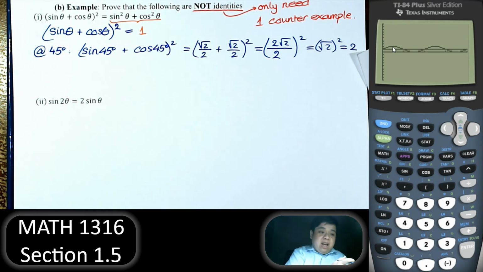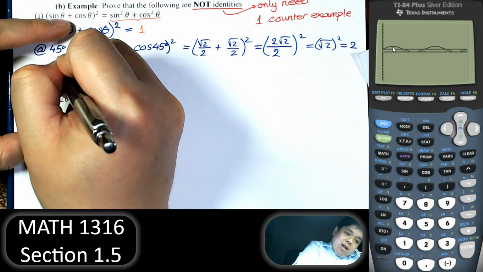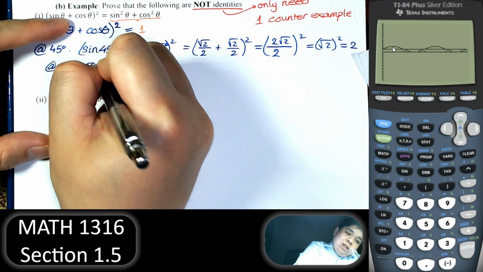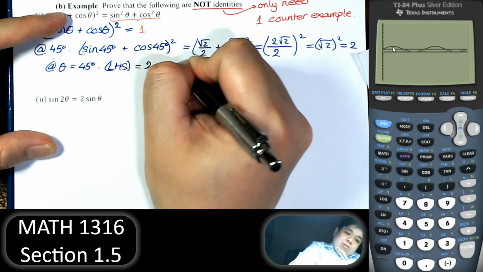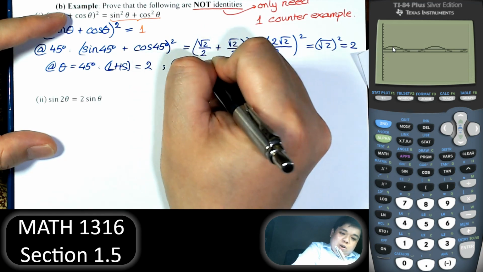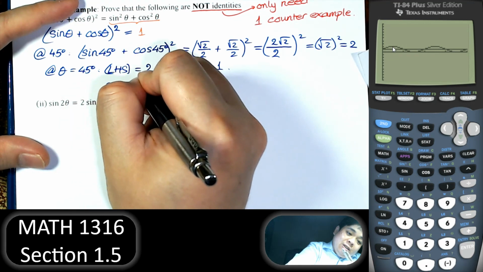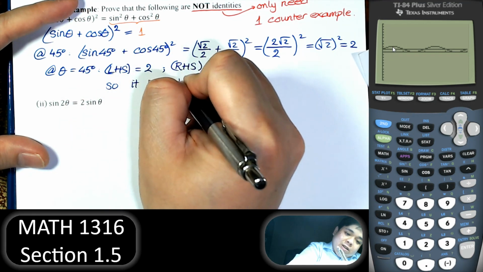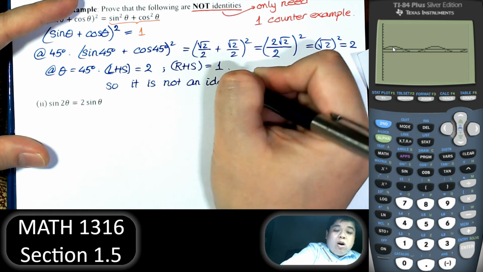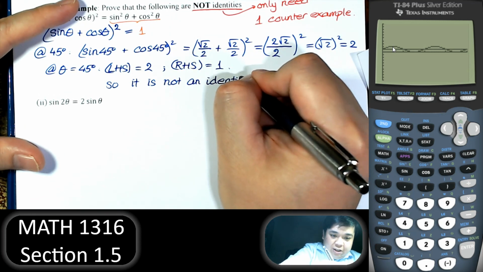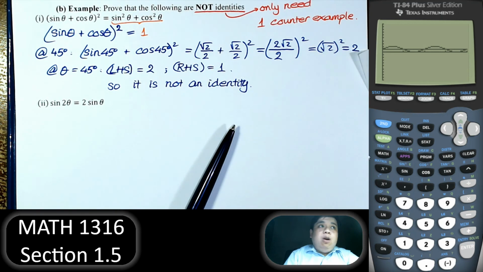So at theta equal to 45 degrees, the left hand side is equal to 2, but the right hand side is equal to 1. So that's why it's not an identity. An identity has to work for all the values of theta.